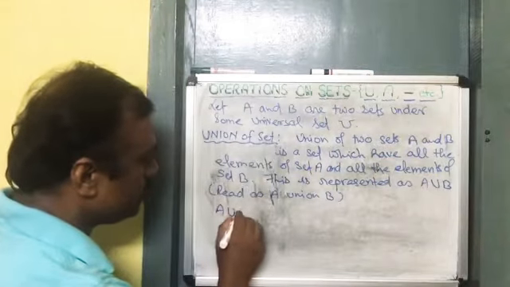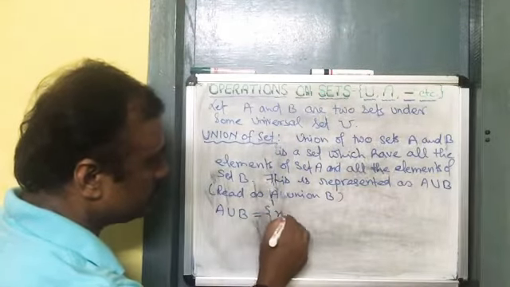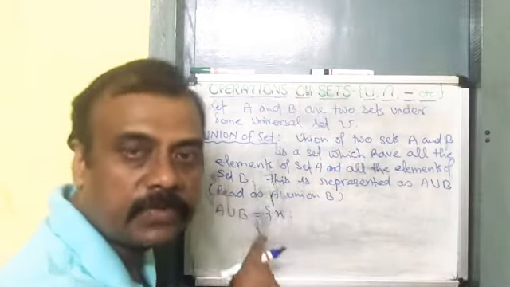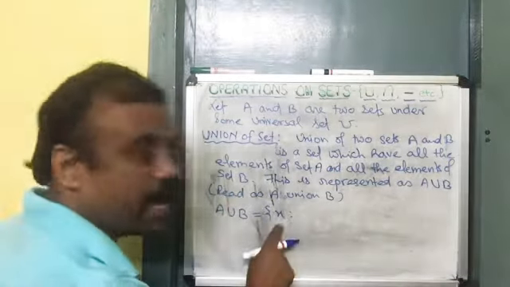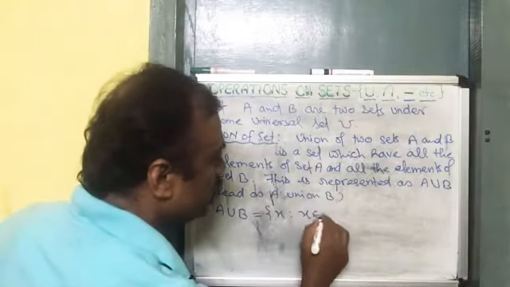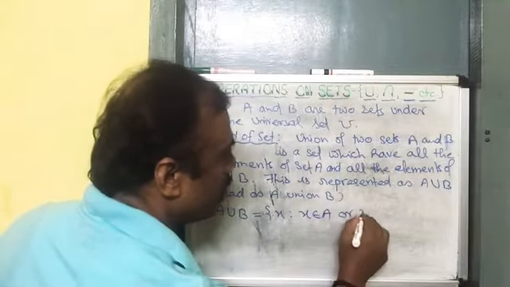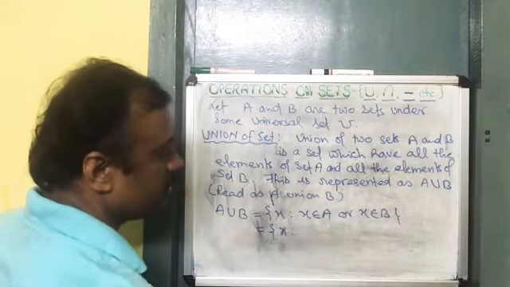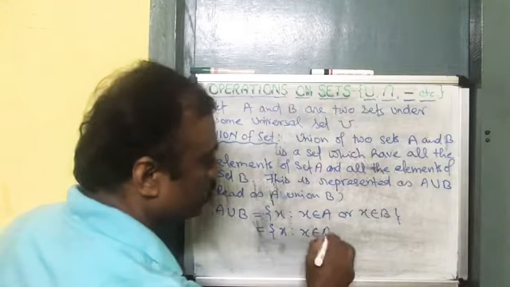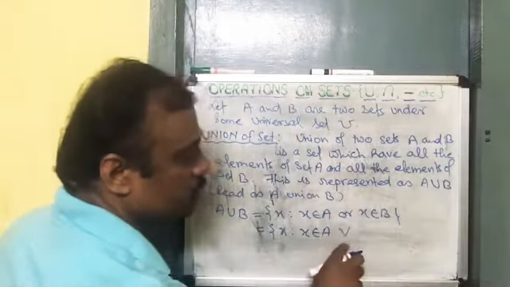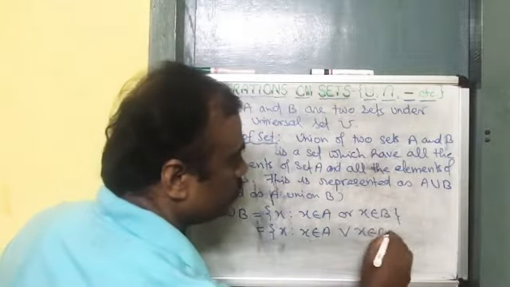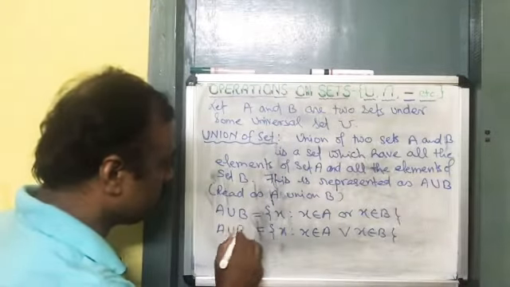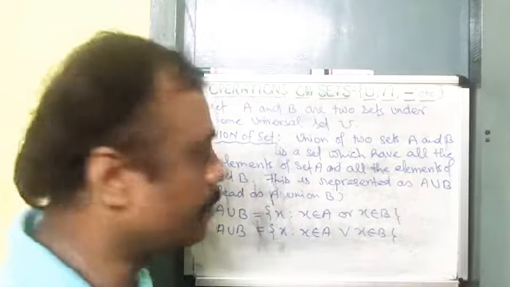A union B is a set which will have the elements x such that x belongs to A or x belongs to B, or I can write x such that x belongs to A, and this OR can also be written in this format, x belongs to B. Let us try to understand this with the help of an example.